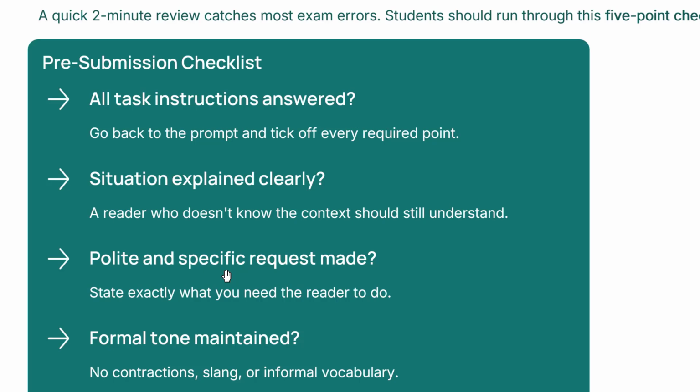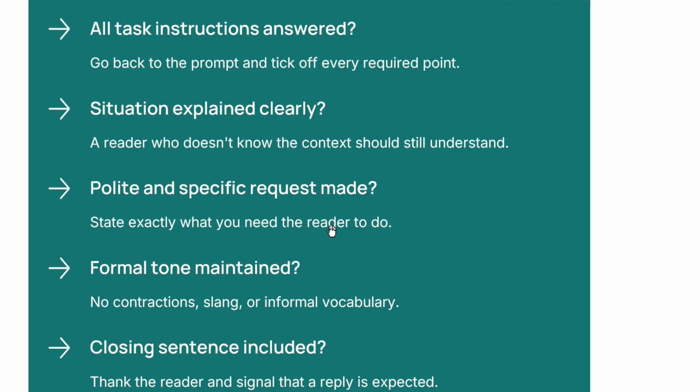When we are writing, we have to use formal language and the right specific expressions to indicate politeness. If you write informal or implied sentences, implied requests, that's not graded well. So state exactly what you need the reader to do.